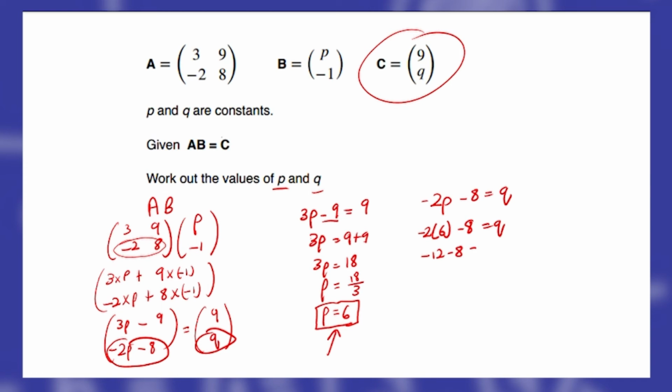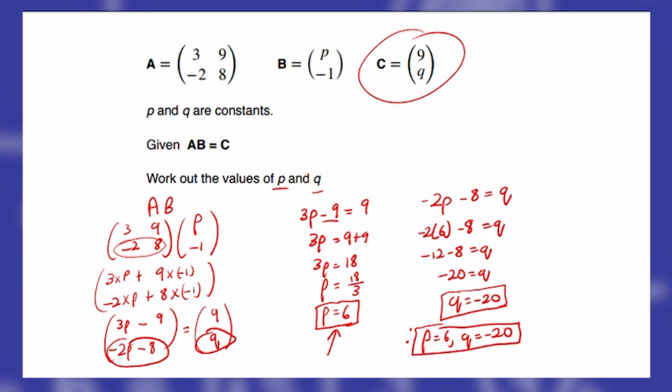Subtract 8 is equal to q. Negative 12 subtract 8 would be negative 20 is equal to q. So we have our value for q and our value for p. Therefore p is equal to 6 and q is equal to negative 20. And these are our two values.